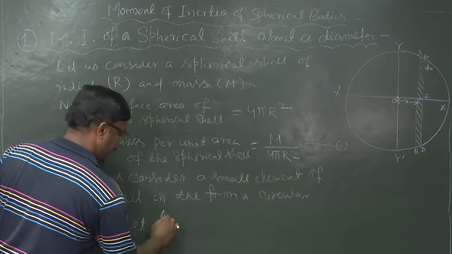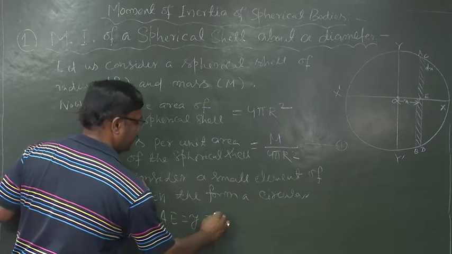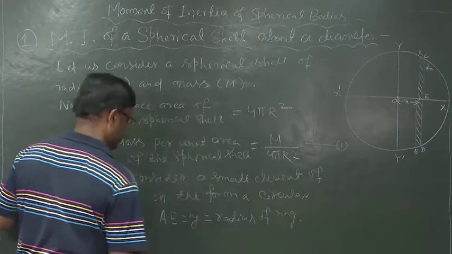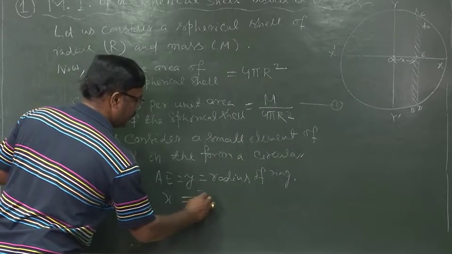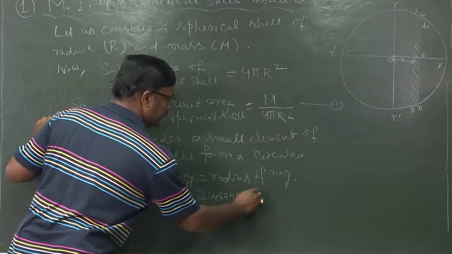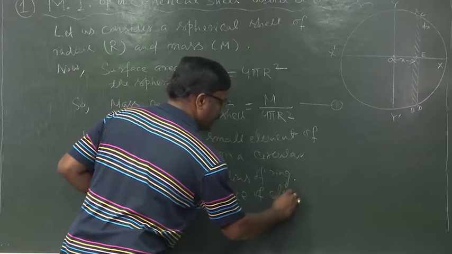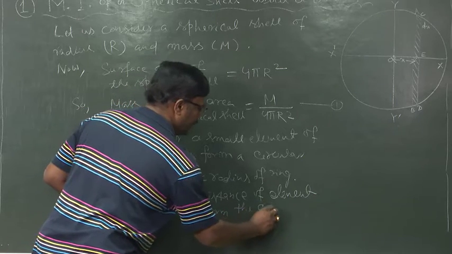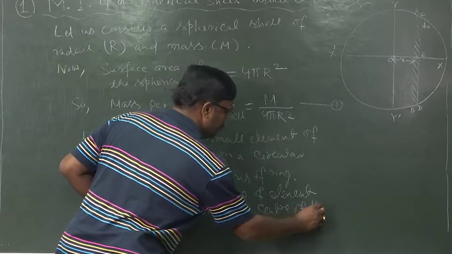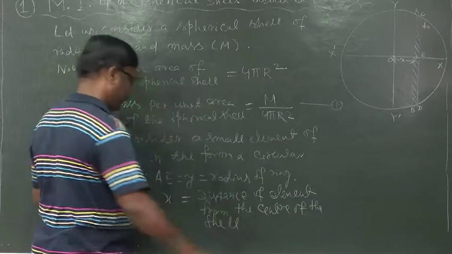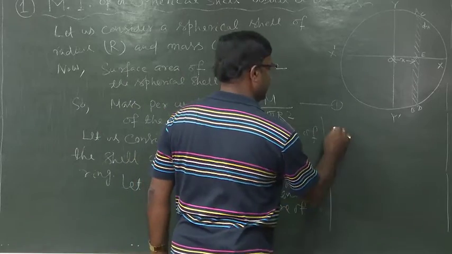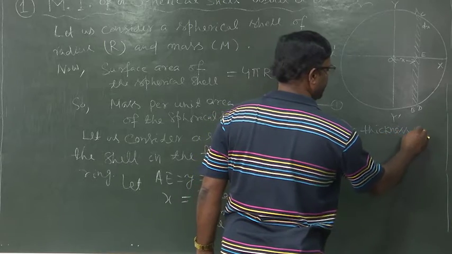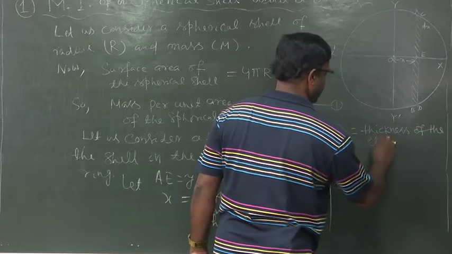Let AE is equal to y, the radius of the ring, x is equal to the distance of the element from the center of the shell. Let dx is equal to the thickness of the element.